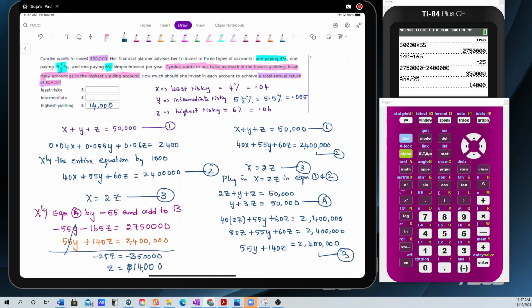Now to find the X value, I can go back and plug into equation 3. Since I know X is equal to 2 times Z, X would be equal to 2 times 14,000, which would be 28,000.